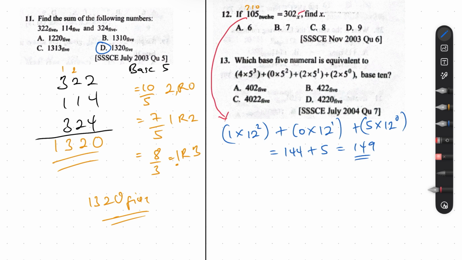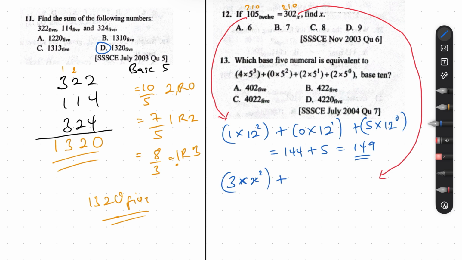Now let's try to find 302 base x. That will give us what? We do the same thing we did here. We have 0, 1, 2. Okay, so that will be 3 times x squared, plus 0 times x to the power 1, plus 2 times x to the power 0.